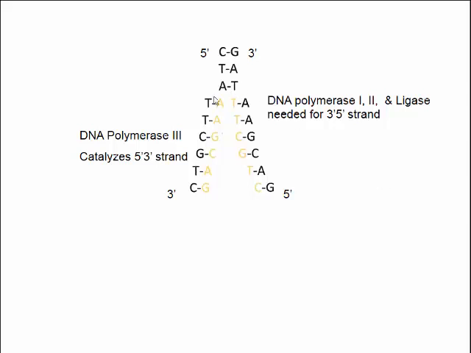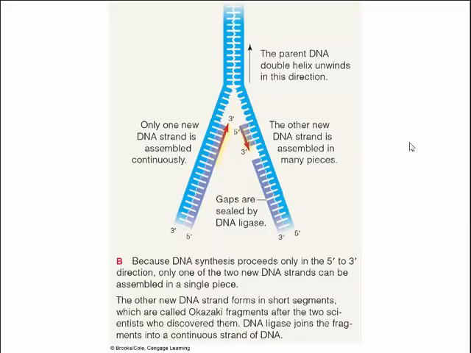So here you see the DNA polymerase 3 can add continuously to the 5' to 3' strand, but this other strand that's going backwards has to have this combination of other enzymes. So here in this diagram you can see if we're adding them on 5' to 3', the leading strand, as this unzips, we just keep adding one nucleotide after another.